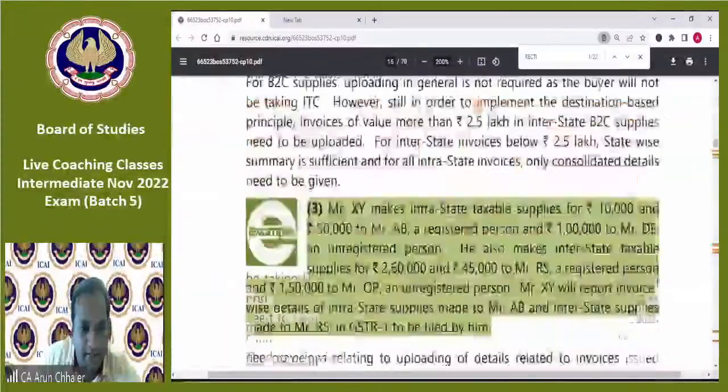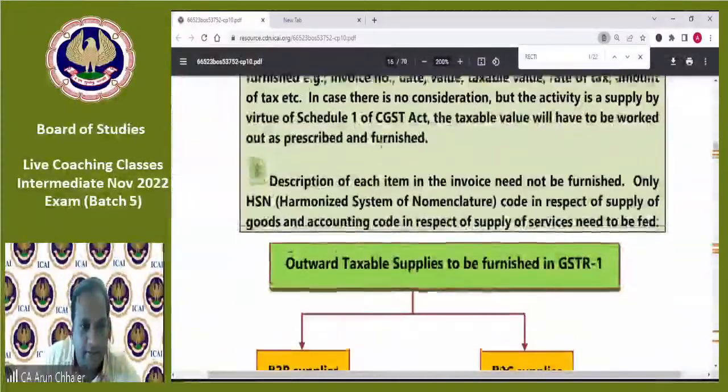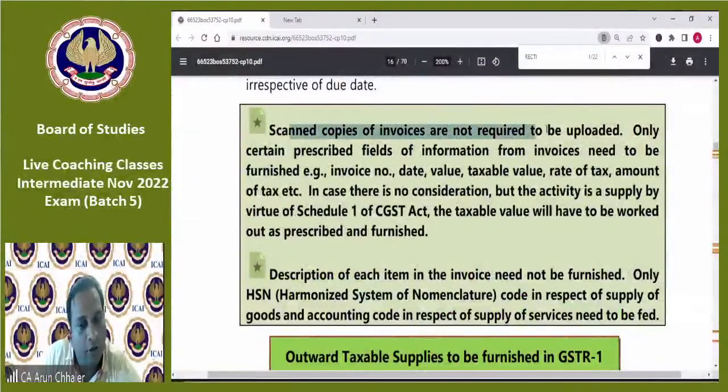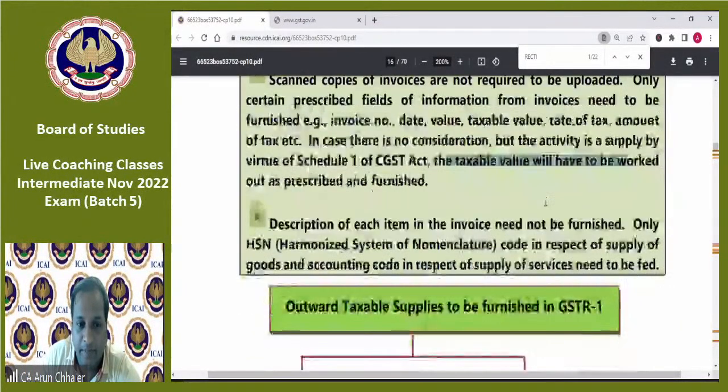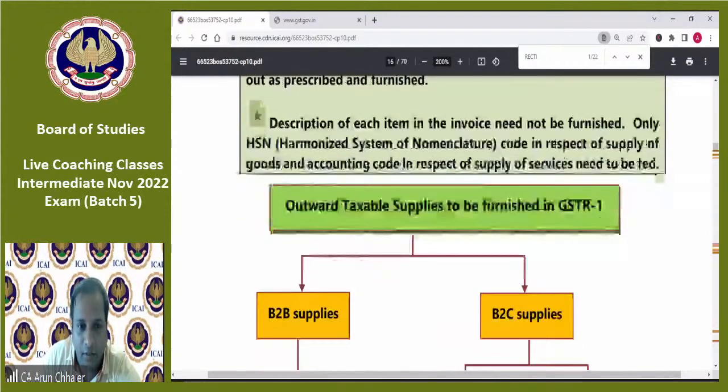Next is, yes, scanned copies of the invoice are not required to be uploaded. Only certain prescribed information from the invoice needs to be captured and given in the GST. In case of consolidation, where there is no consideration but an activity supply, the taxable value has to be worked out as prescribed and furnished. Description of each item in the invoice need not be furnished.